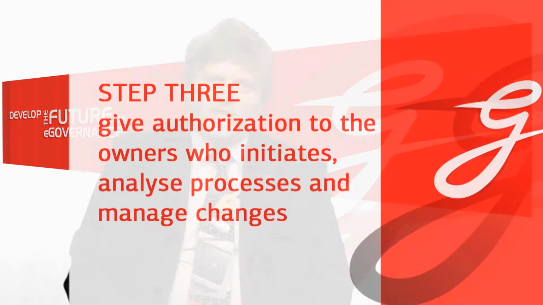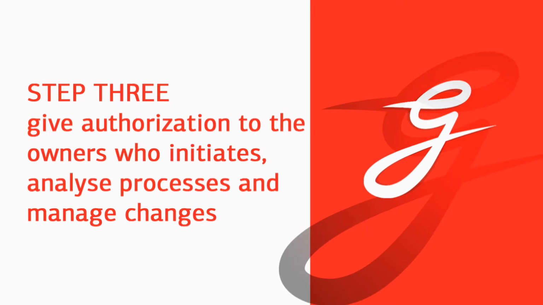Step 3 is to give authorization to those owners to initiate, analyze those processes and initiate the changes. And also resources must be allocated for that work. Every corrective work, every change initiation, doesn't happen by itself.